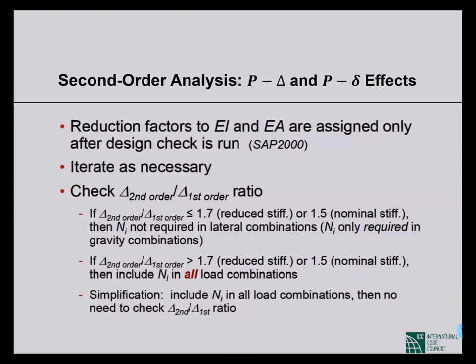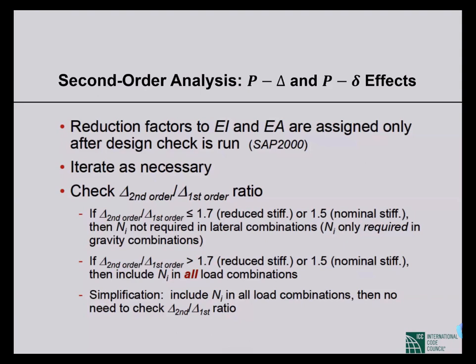Okay, this is important. Reduction factors like EA and EI: after the design, like initially we don't have the design, right? So we design and we go for first an elastic analysis, and then we finish our design, and then we check with this direct analysis method.